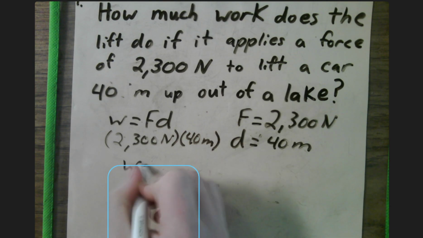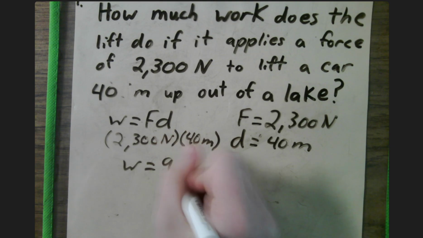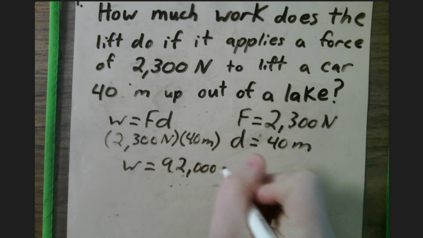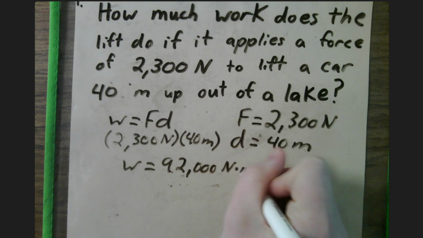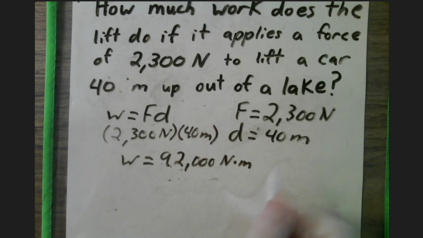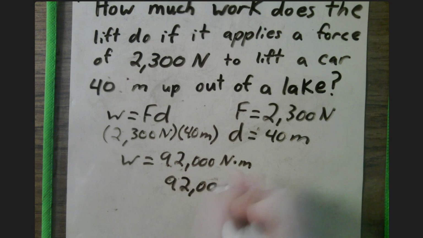So work is equal, after you multiply them, to 92,000 newtons times meters. Or a nicer way to put newtons times meters is joules. So 92,000 joules is your answer for this one.